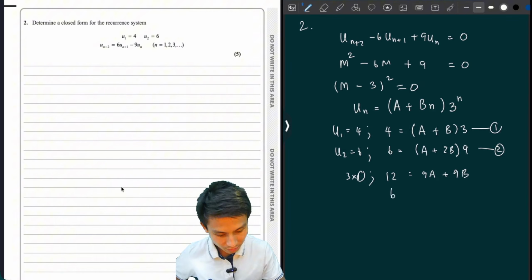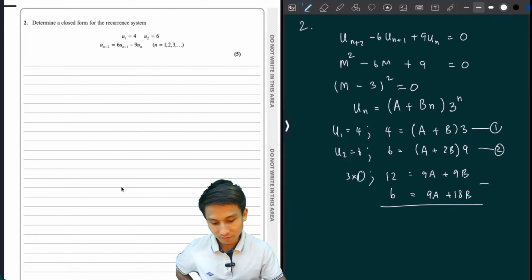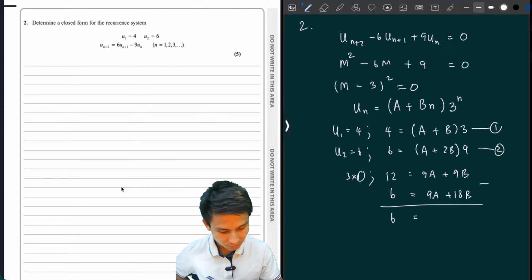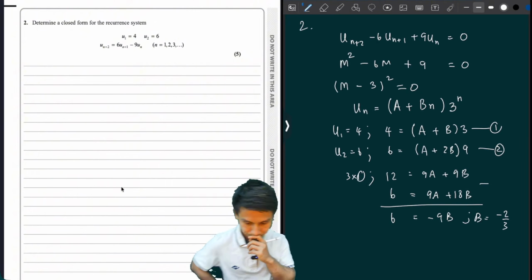And for the second equation, if I expand also, I have 9a plus 18b here. If I subtract them, I'm going to get rid of a, so I have 6 equals minus 9b. That means b equals minus 2 over 3, right?